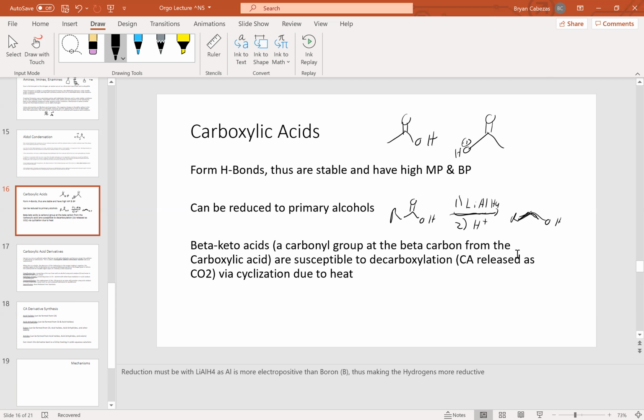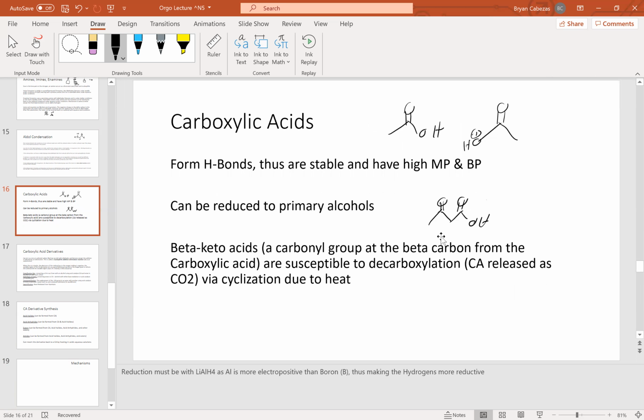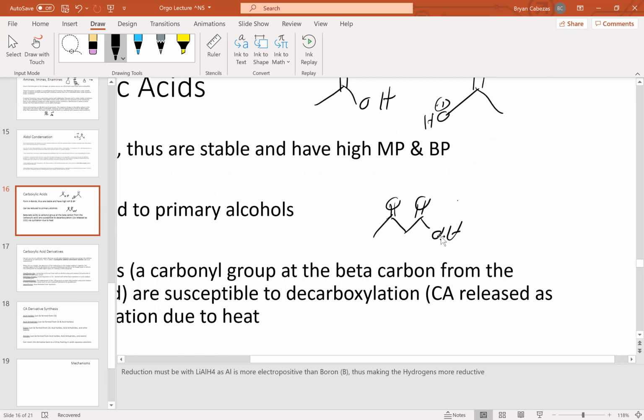Okay, next, what I want to discuss is if we have a beta keto acid. Remember what beta means? It means it's 2 carbons away from the carbonyl group, something as such. So this carbonyl is beta to this carboxylic acid group. If we introduce this beta keto acid to some heat, what's going to happen is we have a decarboxylation effect.